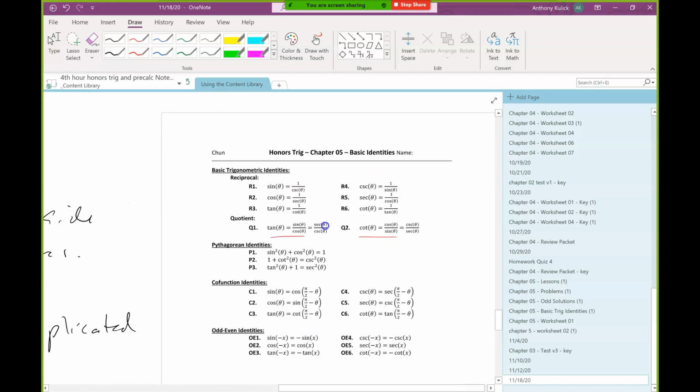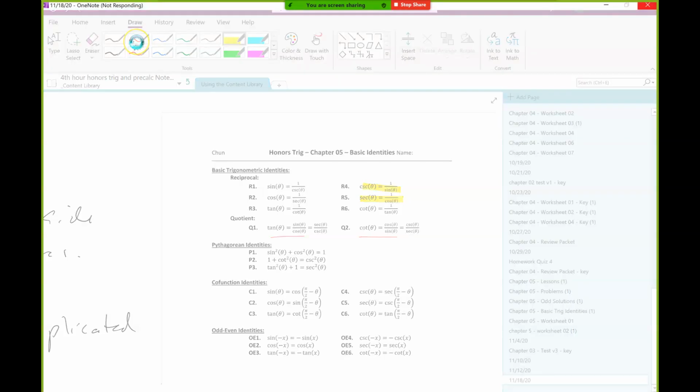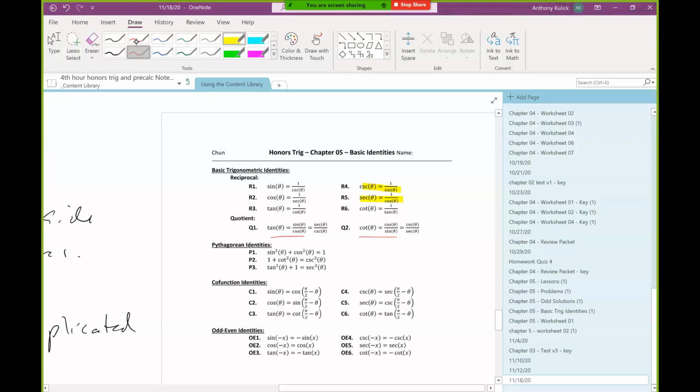I know that secant is really 1 over cosine, and cosecant is 1 over sine. So the denominator I have is good. Sine times cosine in the denominator is secant times cosecant.